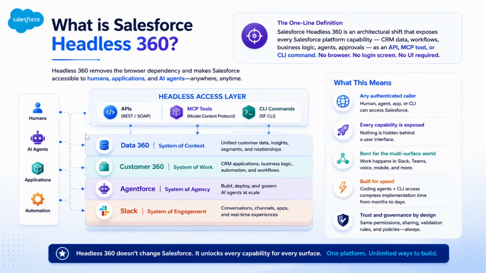So we have the platform layer here, which consists of Data 360, Customer 360, which we spoke about, Agentforce, and Slack. And then we have the headless access layer, which includes APIs, MCP tools, CLI commands. So you may be interacting with one of these four layers, either through API or MCP tools or CLI commands.